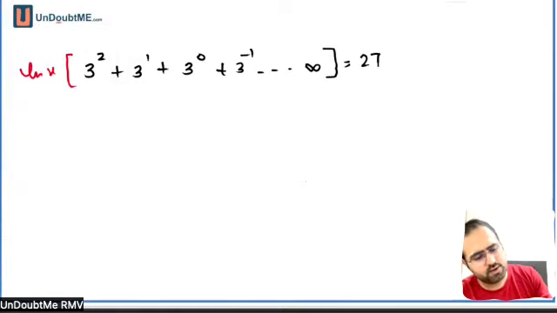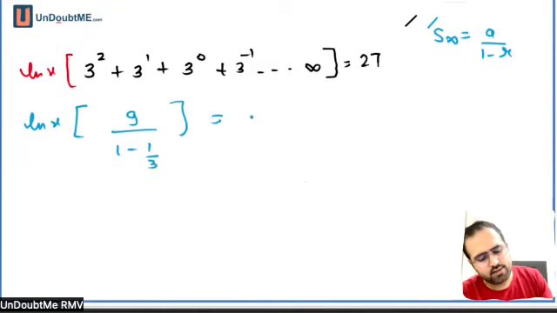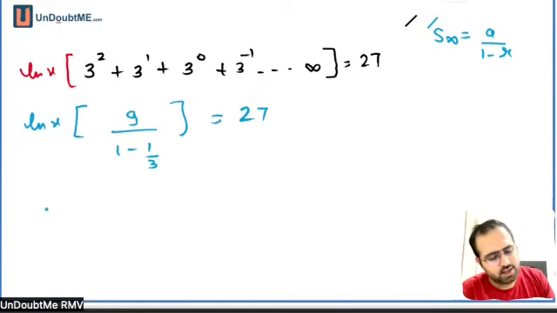Now the next thing is we have to use the formula for the sum of infinite terms of a geometric sequence, which is a upon 1 minus r. So ln x times a, which is 3 squared, that is 9, over 1 minus r, where r is 1 by 3, is equal to 27. 1 minus 1 by 3 will be 2 by 3.